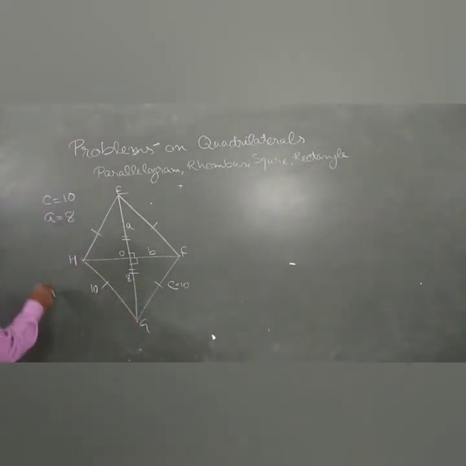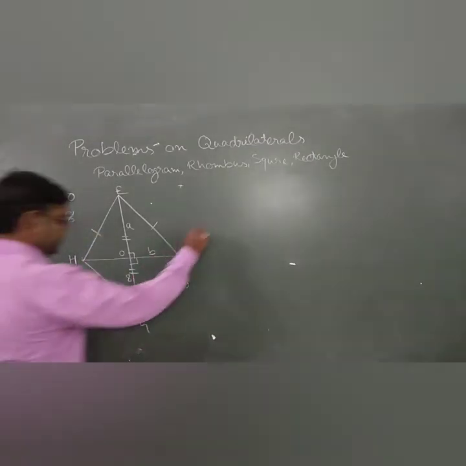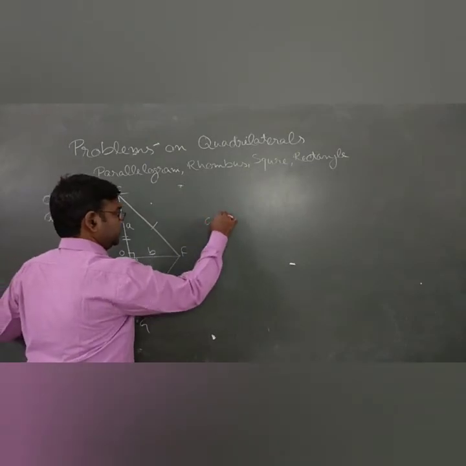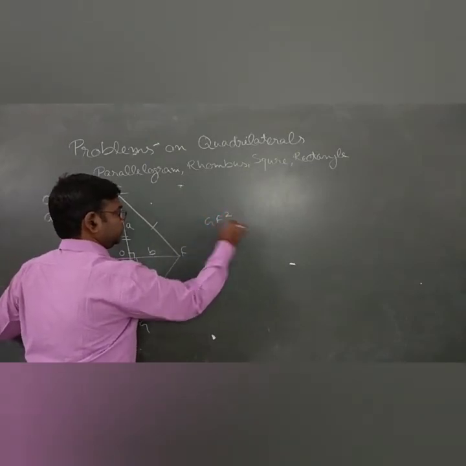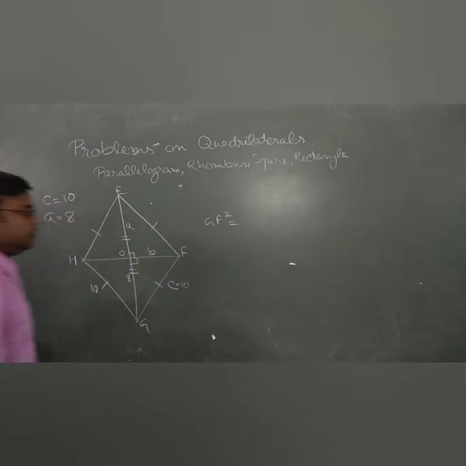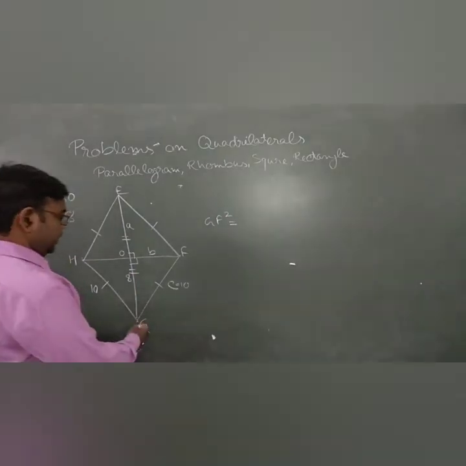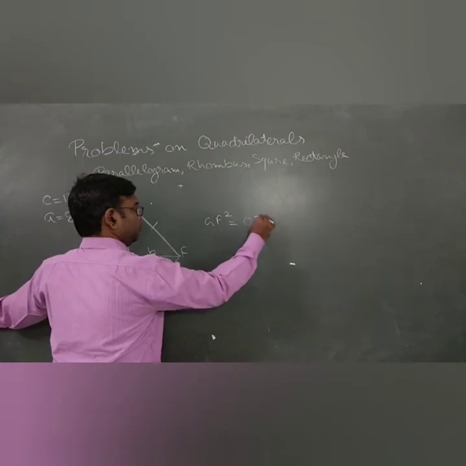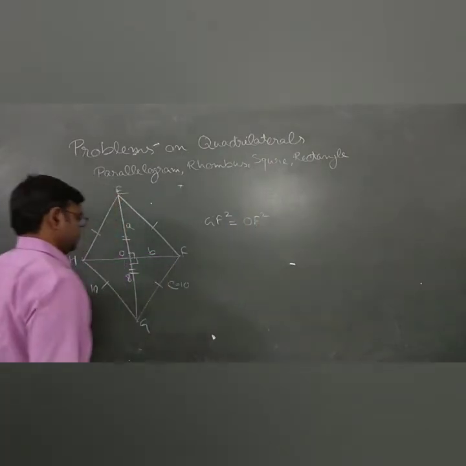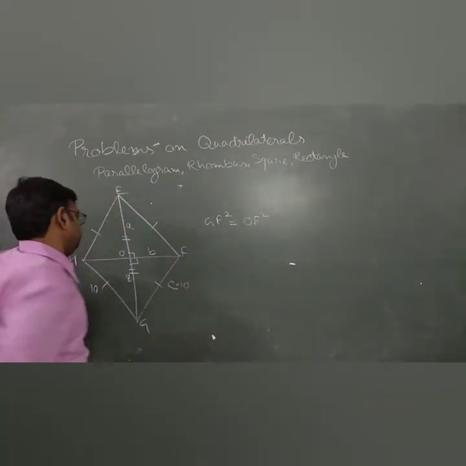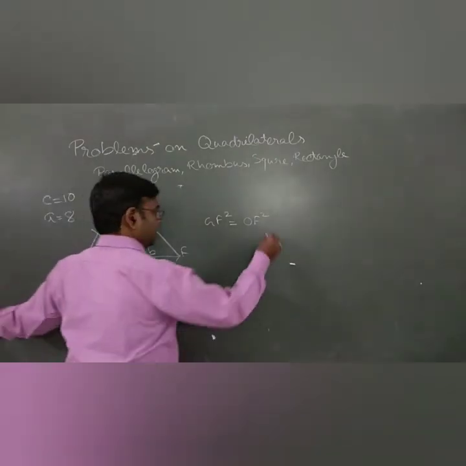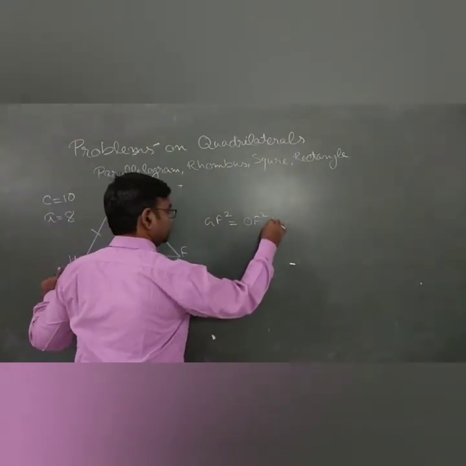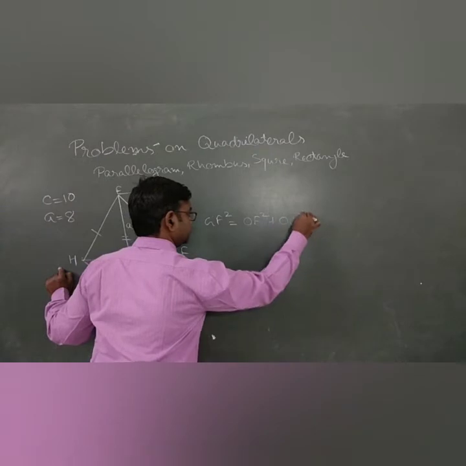So I'm writing over here GF square equals OF square plus OG square. Clear?